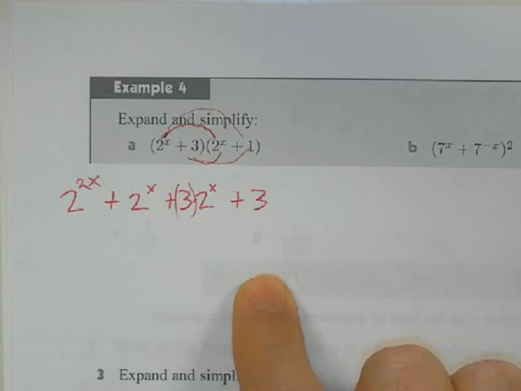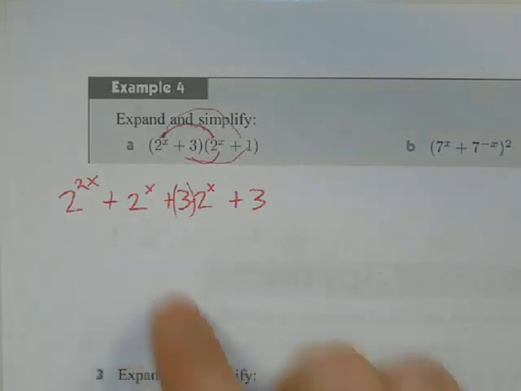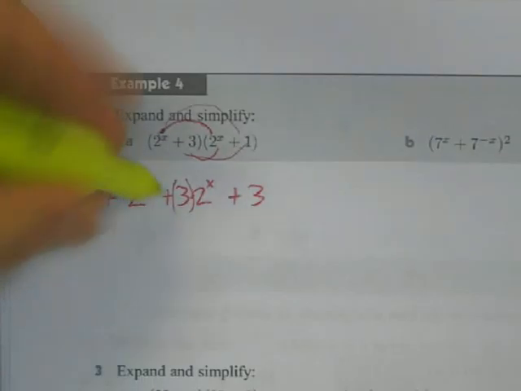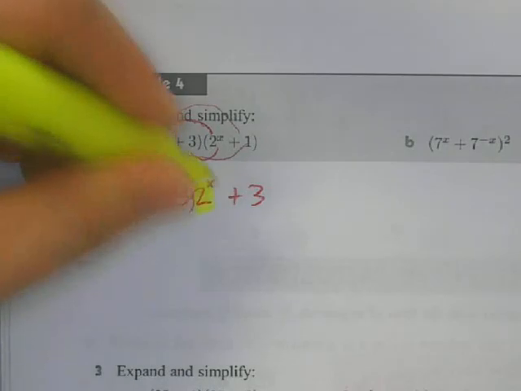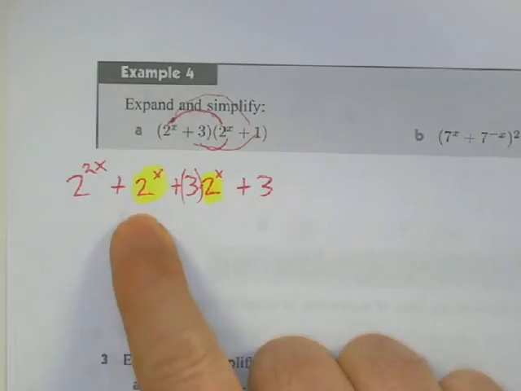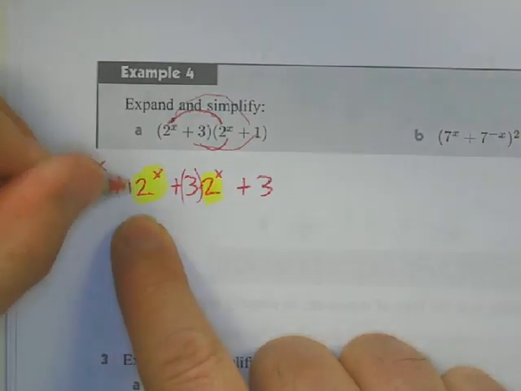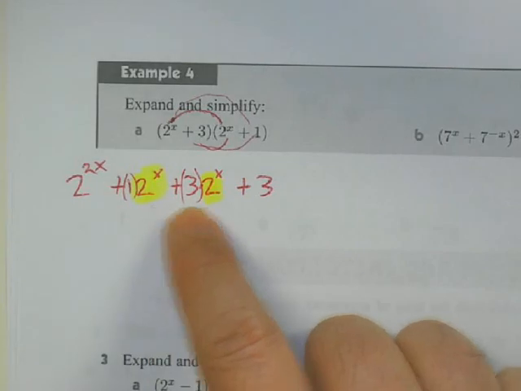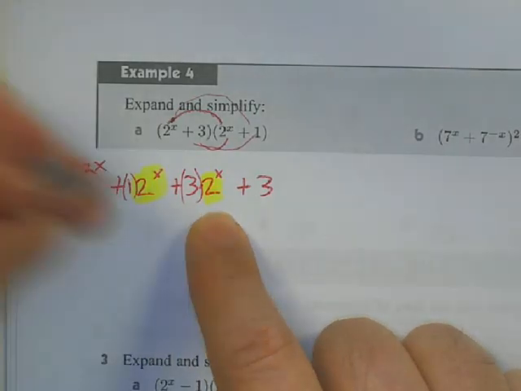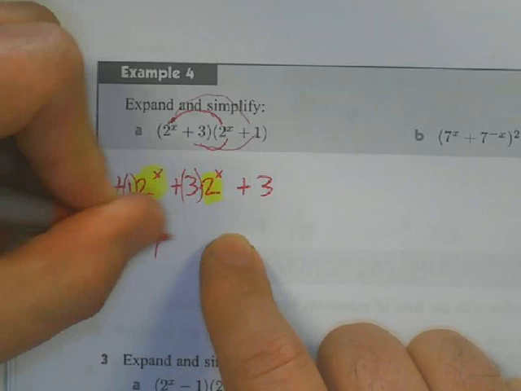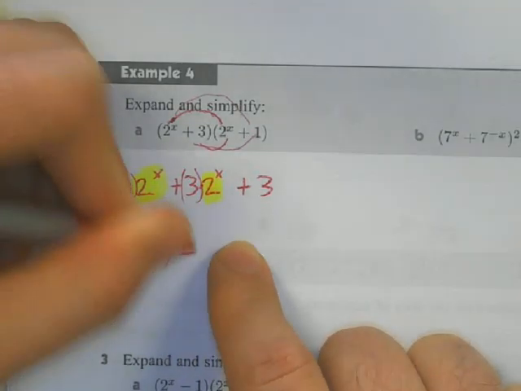Okay, so we've got a like term here. So let's call this 1 times 2 to the x plus 3 times 2 to the x. That's going to give me 4 times 2 to the x.